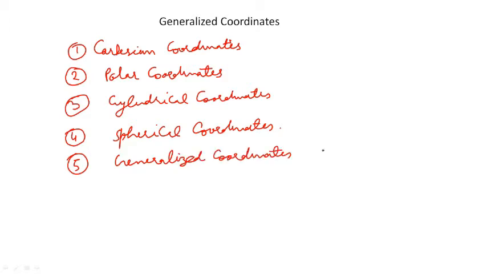Now you know, in our earlier discussion, that suppose a particle is in two-dimensional space and it is moving freely. If we have to specify its position in this two-dimensional space, then you will require two position coordinates to specify its position.